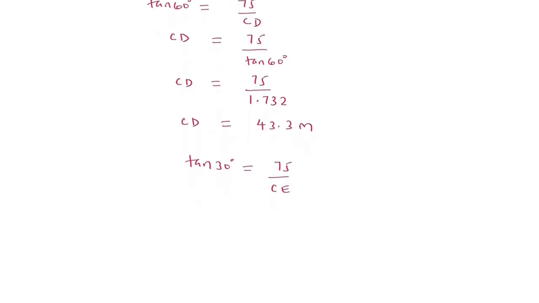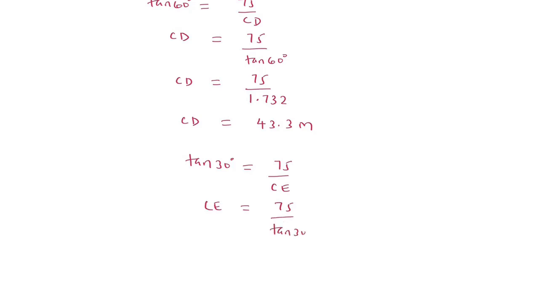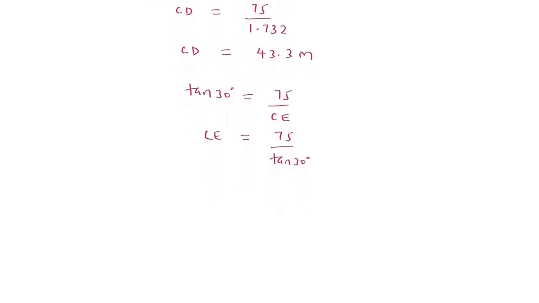Now let us make CE the subject. We are going to have CE equals 75 over tan 30 degrees. From the table, tan 30 degrees equals 0.5774.